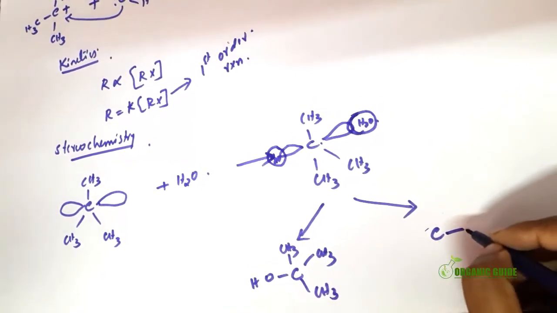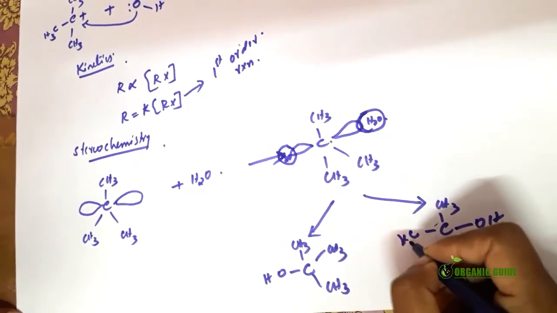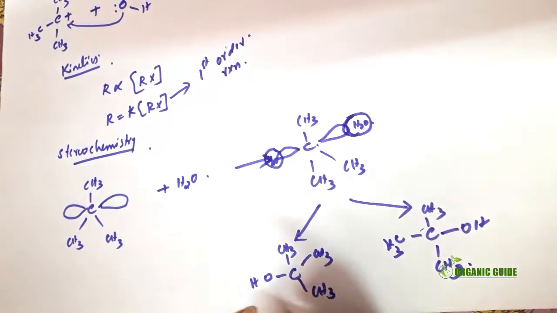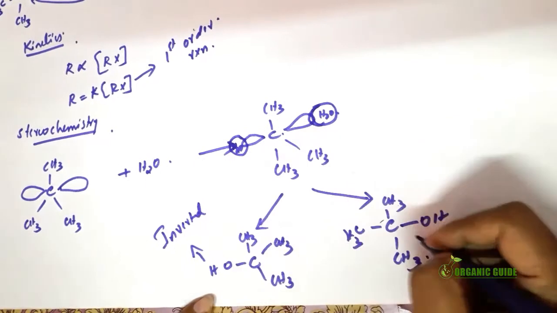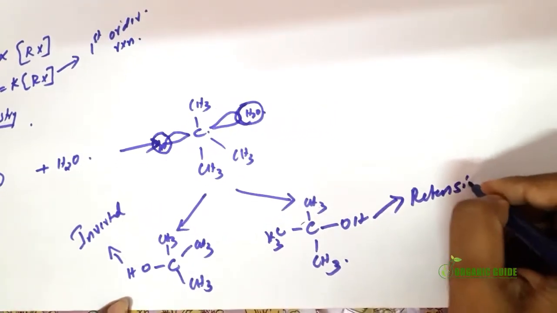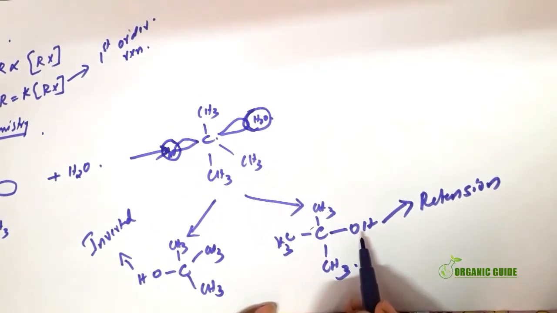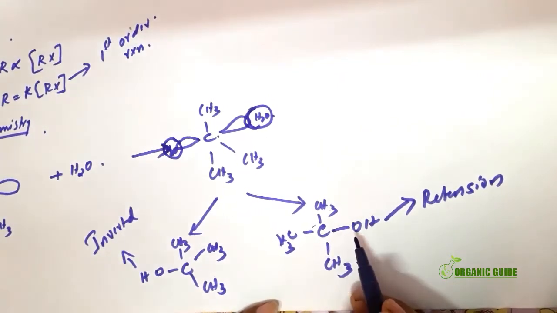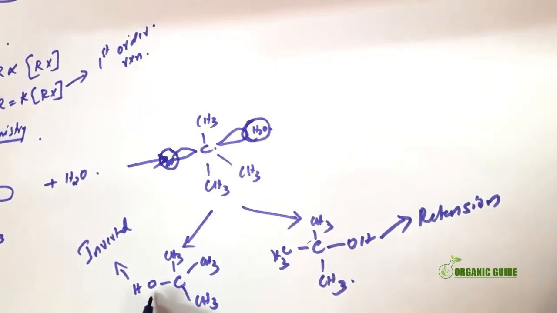This one as well as this one. So this is the inverted product, and this is the retained product, that is, this nucleophile will attack the lobe or side from which this halide ion is eliminated, and this is the inverted product, that is rear side attack.